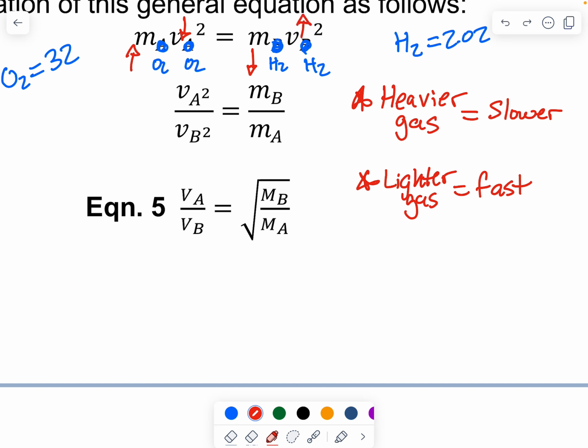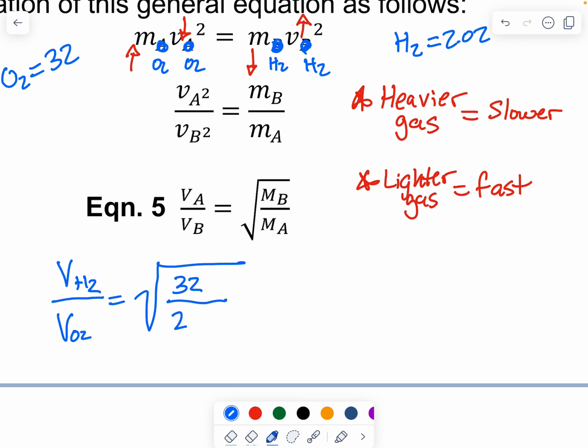So we can say the velocity of hydrogen over the velocity of oxygen is equal to the square root of oxygen's mass, right? This is the mass of oxygen, which is 32 atomic mass units, over 2.02 atomic mass units, or 2.02 grams per mole. And what you've got to do is find the square root button on your calculator and type in 32 divided by 2.02, and the square root of 32 divided by 2.02 is 3.98.